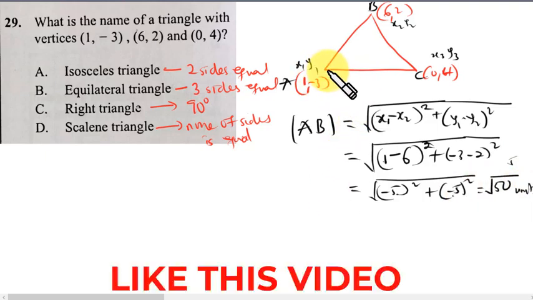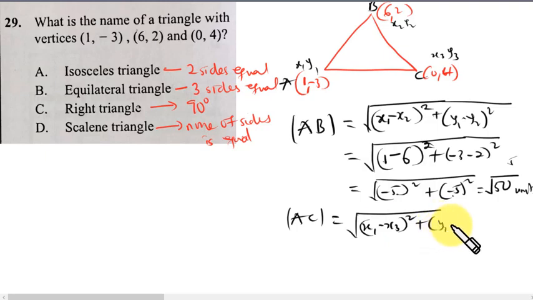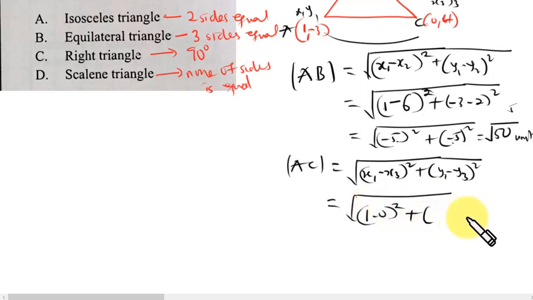Now let me also check from A to C. The distance from A to C is also going to be something like that. I have x1 and x3, so let me say x1 minus x3 all squared, plus y1 minus y3 all squared. I am using these vertices, so I'm going to have this. x1 is 1 and x3 is 0, all squared, plus y1 is -3 and y3 is 4, all squared here.